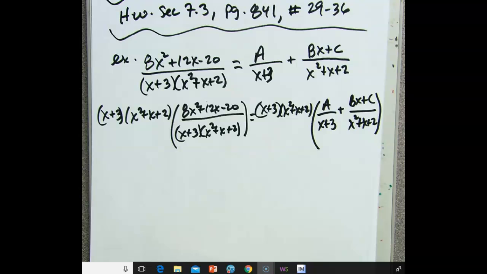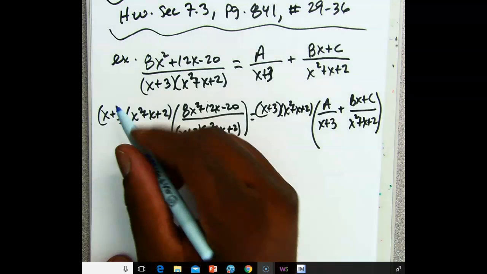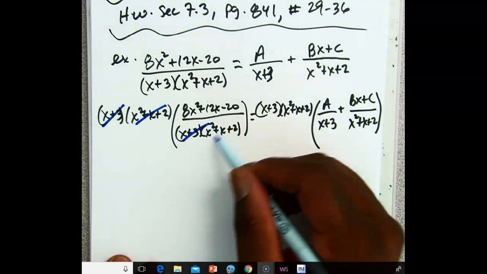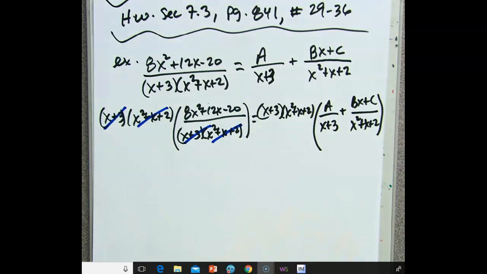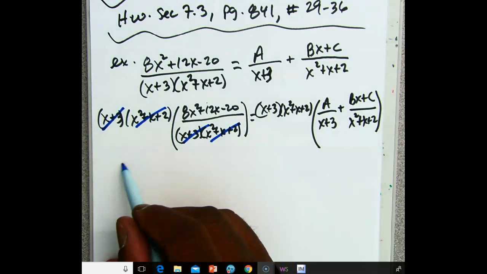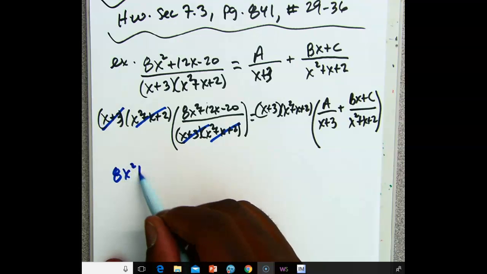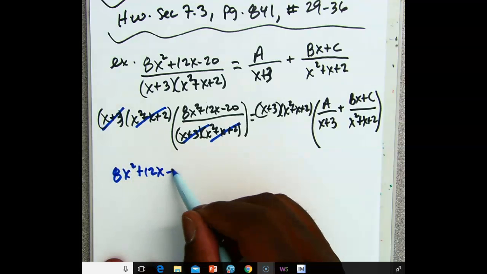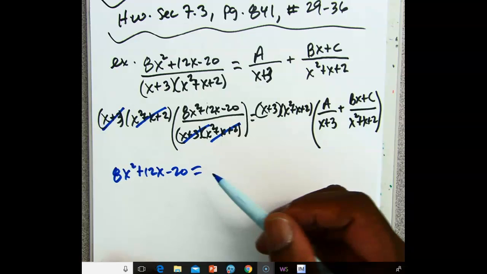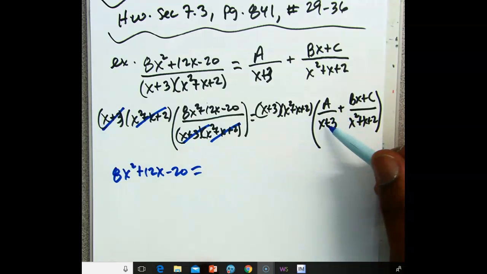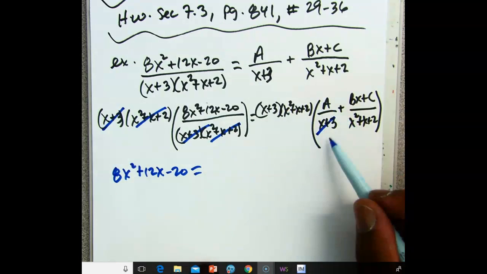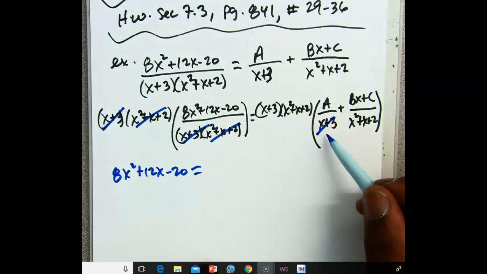Now here, as usual from before, the denominator is completely cleared. So we're left with 8x squared plus 12x minus 20. That's equal to, for the first one here, the x plus 3 reduces to 1.